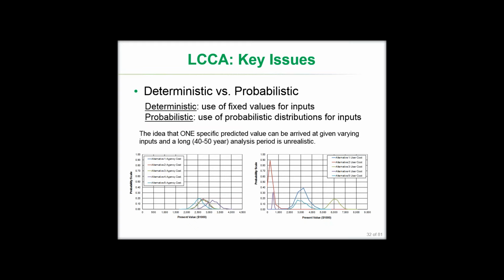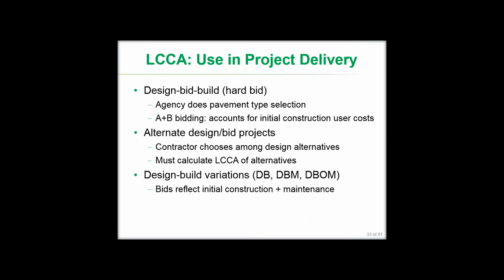The probabilistic approach uses probabilistic distributions of numbers as inputs, and so it's able to give you an output that gives you a range, a distribution of costs for life cycle costs, and basically says, okay, you can still pick a mean, but there's actually a range associated with that.